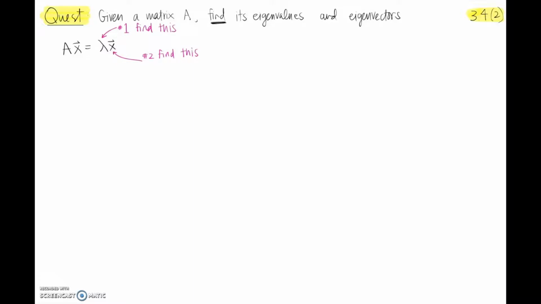So what we're going to do is run through a few logical steps that will lead to a certain method for finding these eigenvalues. First of all, the very first thing that I notice is that if that first statement's true, then this statement is true. I can subtract lambda x from both sides, so this guy right here is lambda times a vector.